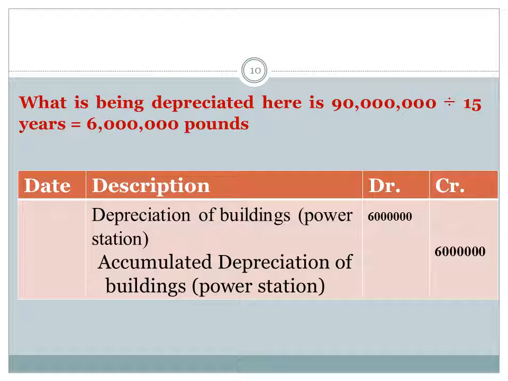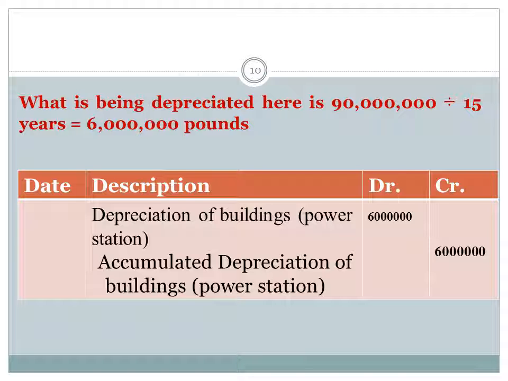The depreciation here will be calculated on the total amount of the power station, because governmental grants here depend on the condition that contracts are entered into between the government and the company. So we will calculate depreciation according to the straight line method.